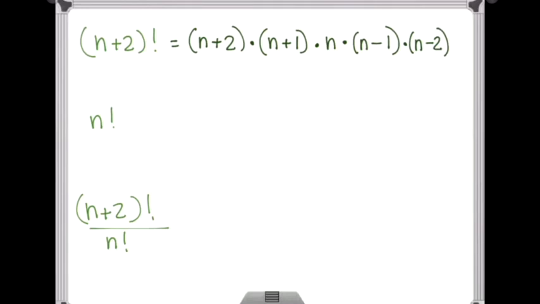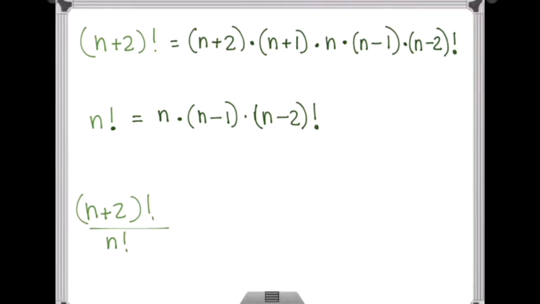And then I'm going to keep going, so I'll put a factorial there to show that I keep counting down from there. If we do the same thing for n factorial, that's going to equal n times the integer that's 1 less than n, which is n minus 1, times the integer that's 1 less than that, n minus 2, and so on.